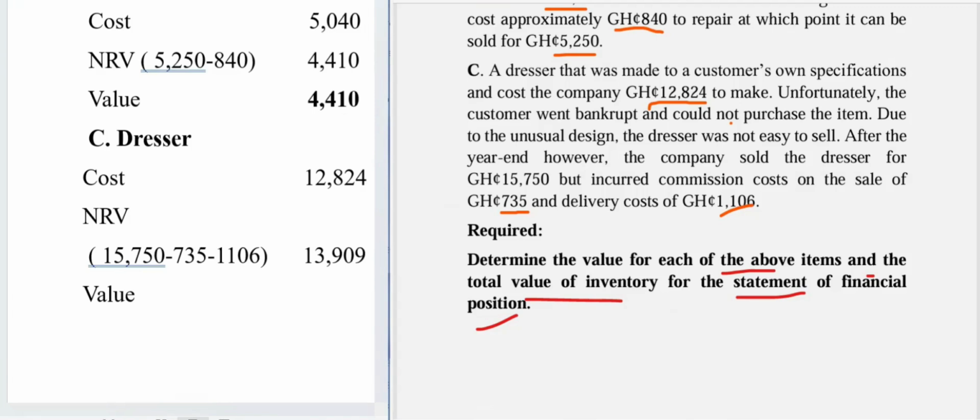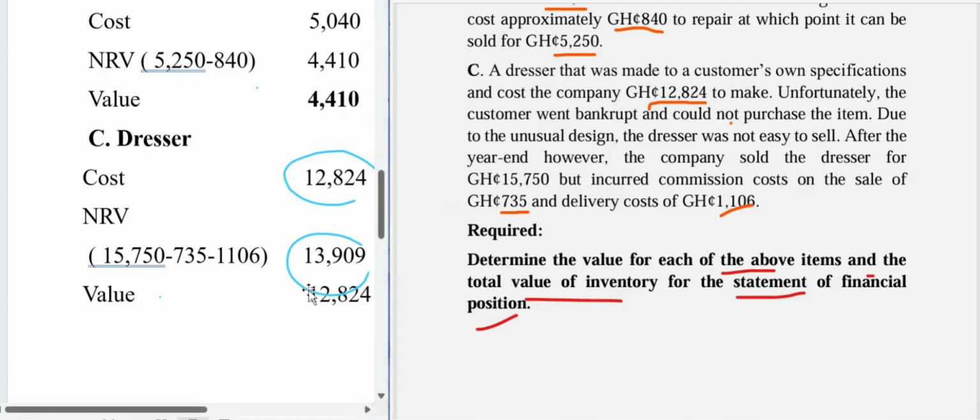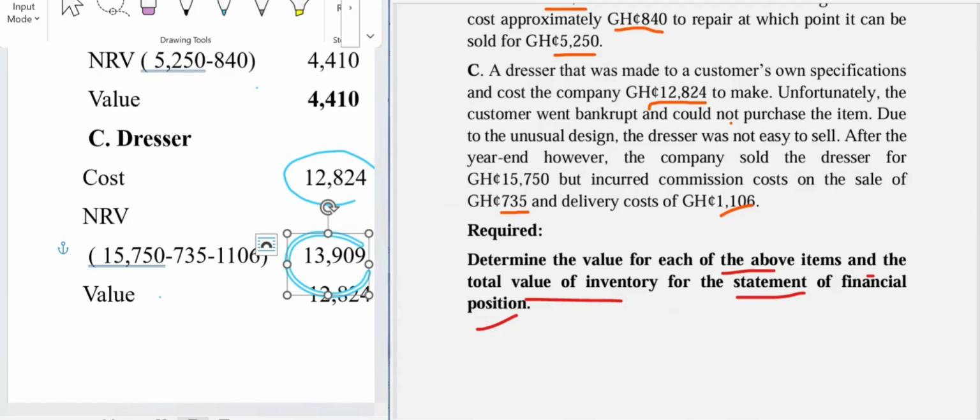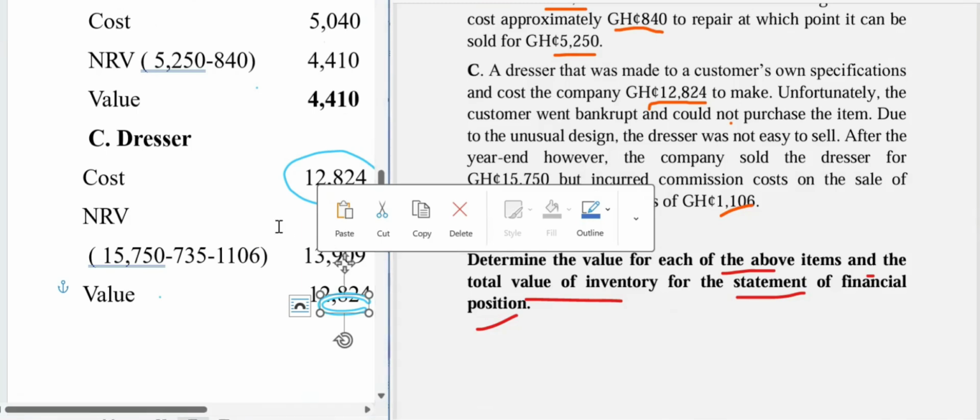The value would be the lower of the cost and the net realizable value. If you pick the two, what's the lower? The lower will be 12,824. So that will be the value in our books.